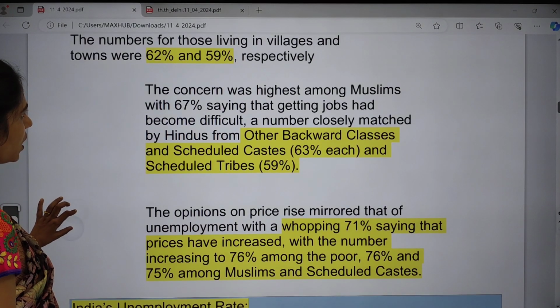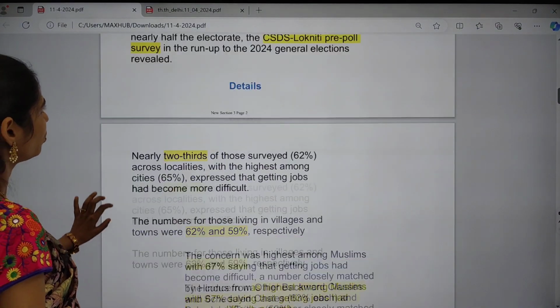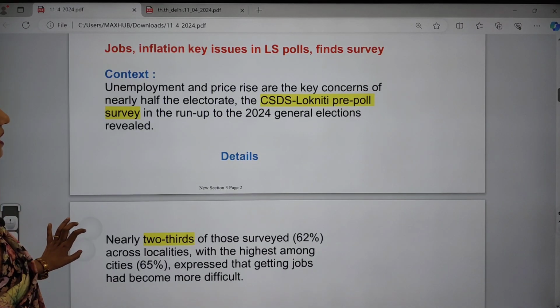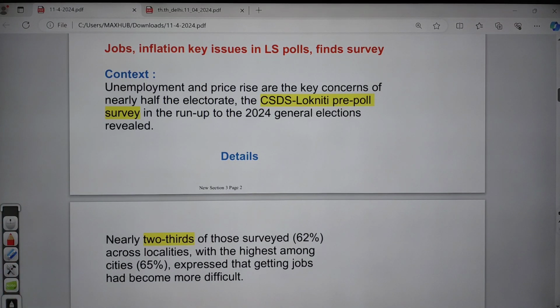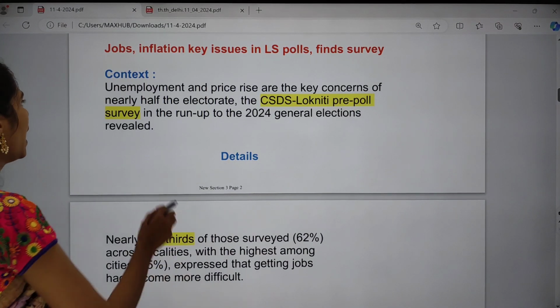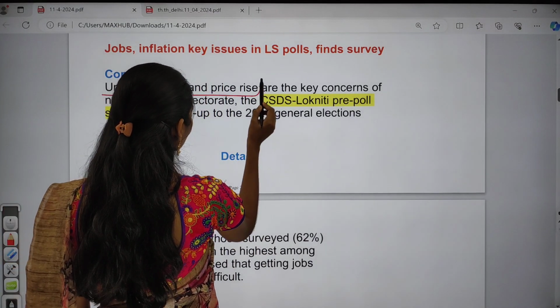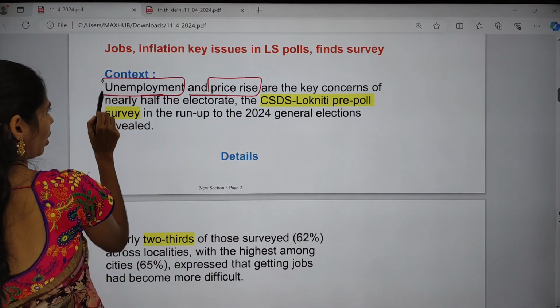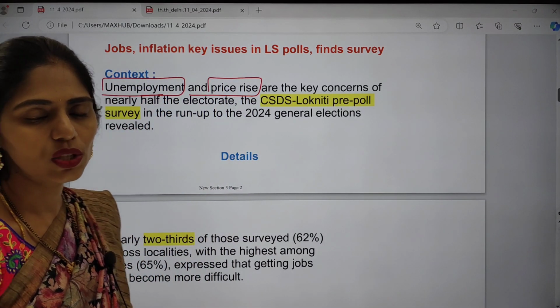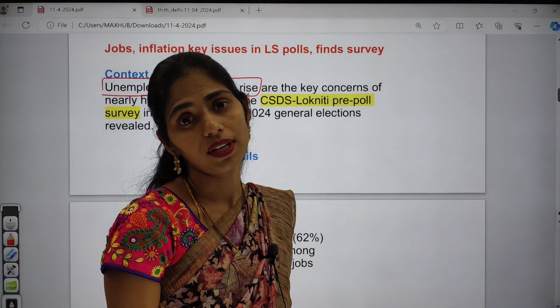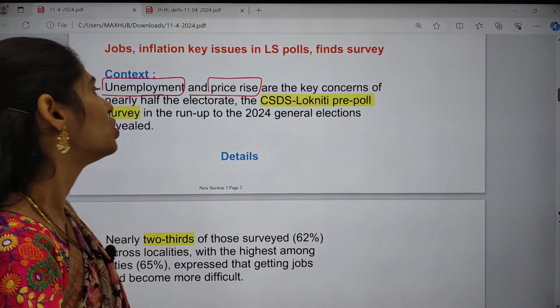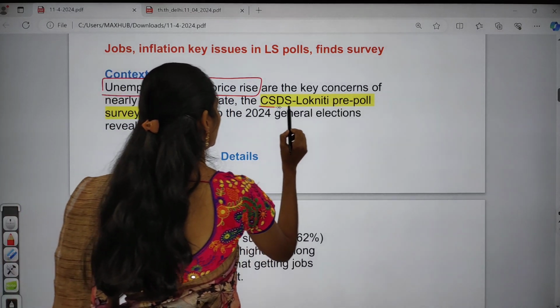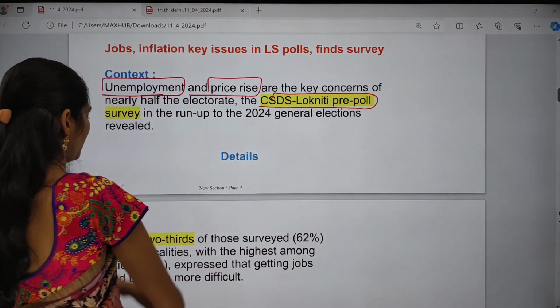So this article is talking about one report or survey by the CSDS Lokniti. If you see the context, it says unemployment and price rise. These are the two important concepts taken into consideration by the political parties in their campaigning. This is mainly said by the CSDS Lokniti survey.